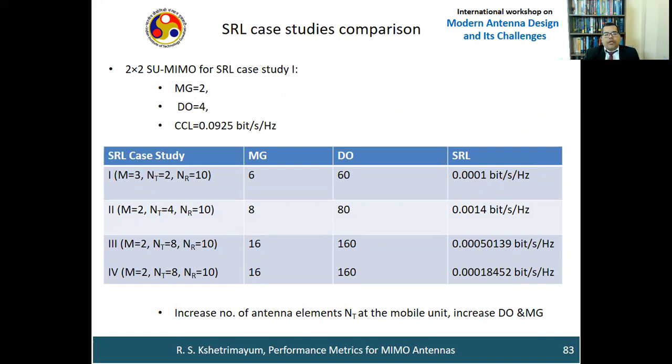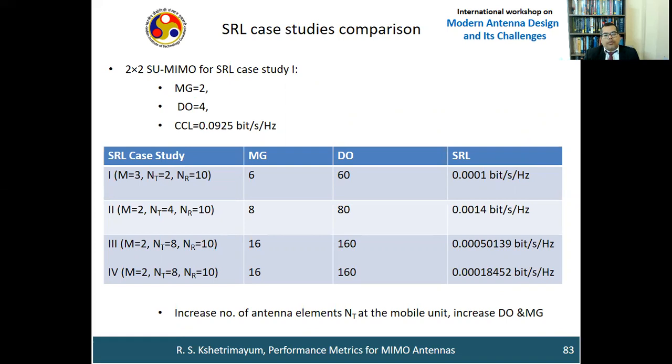If you consider case 2, 3, and 4, case 2 is employing 4 antennas, case 3 and 4 are employing 8 antennas. So look at the multiplexing gain when you go from 4 antennas to 8 antennas. Multiplexing gain is double, 16. How about the diversity order?